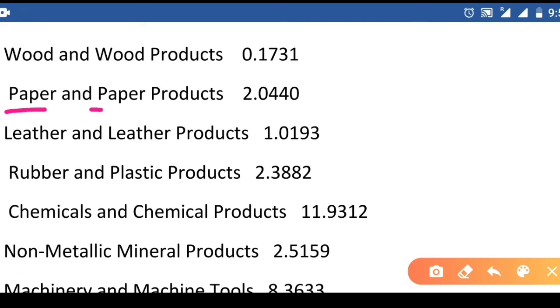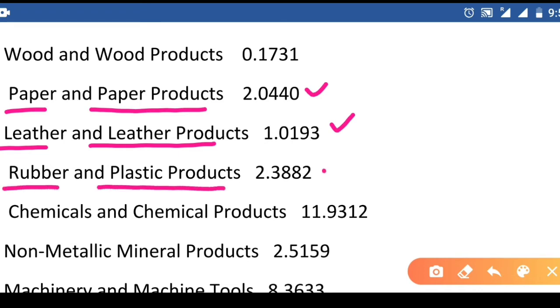Paper and paper products, weightage 2.0440. Leather and leather products, weightage 1.0193. Rubber and plastic products, weightage 2.3882. Chemicals and chemical products, weightage 11.9312.